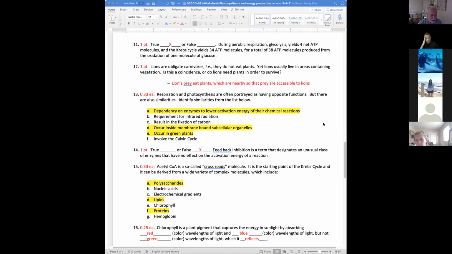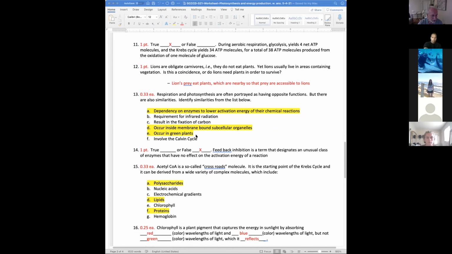Respiration and photosynthesis are often portrayed as having opposite functions, which they do by and large. They also have similarities. What might they be? Dependency on enzymes to do their jobs, occur inside a membrane-bound organelle. They both do.